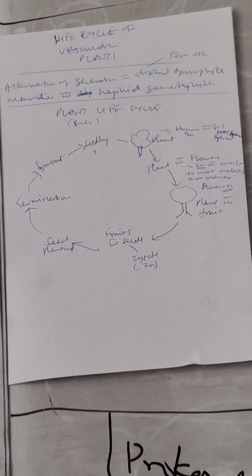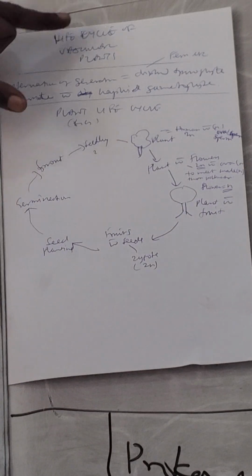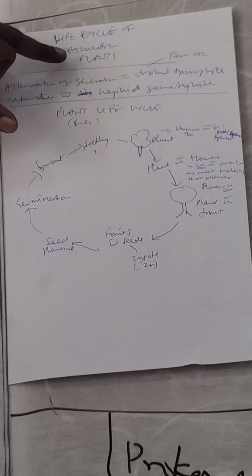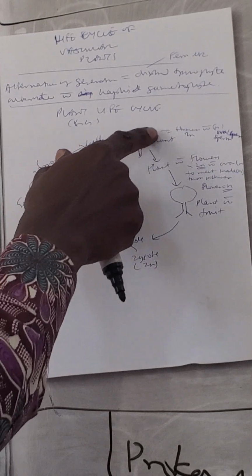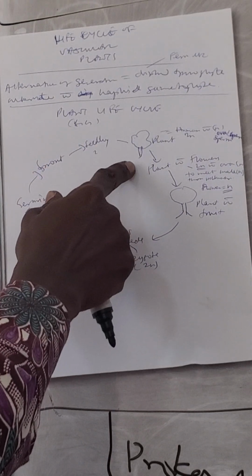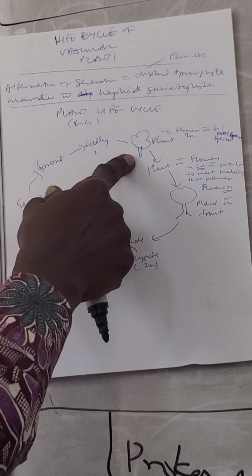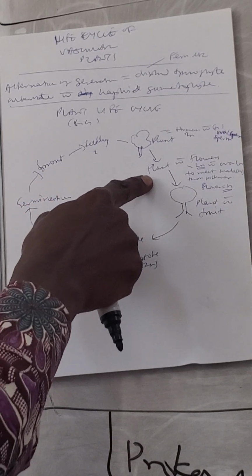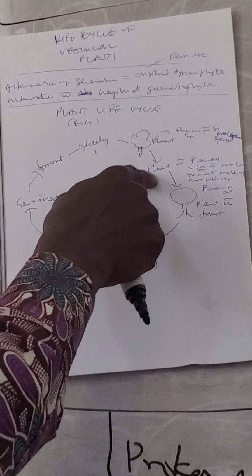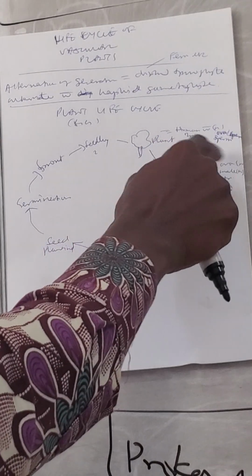So this is also another one that we are looking at. This is the life cycle of the vascular plant. So this is the plant itself here, which is 2n, okay. Now it will start bearing flowers. The flowers are the sex organs, okay.